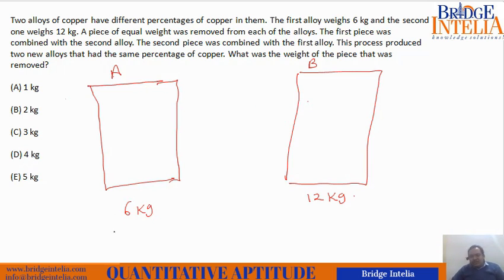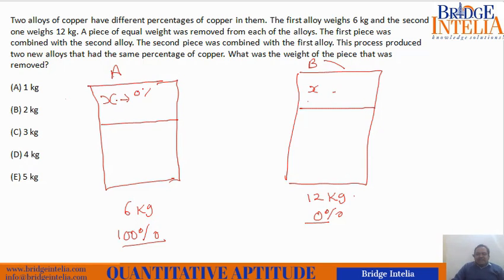So let's assume the original concentration of copper here to be 100%. That means this was entirely copper and here 0%. Convenient values, mathematically it will be easier to solve this way. So 100 and 0, that means there is no copper at all. What we have done is taken x kgs from here and added here, and the same you have done with this. So this x has come from here.